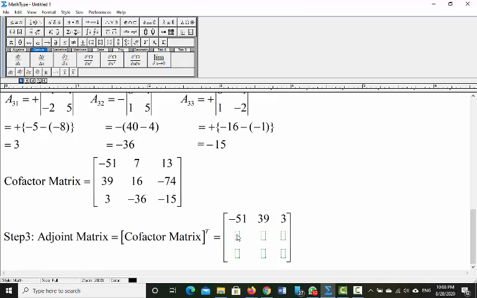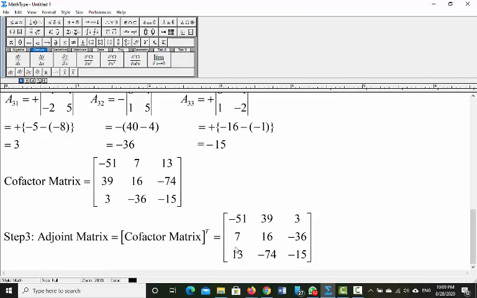So what we will have, 7, 16, minus 36. This is the third column, this will become the third row. So 13, minus 74, minus 15. So this way rows will become column, columns will become row.